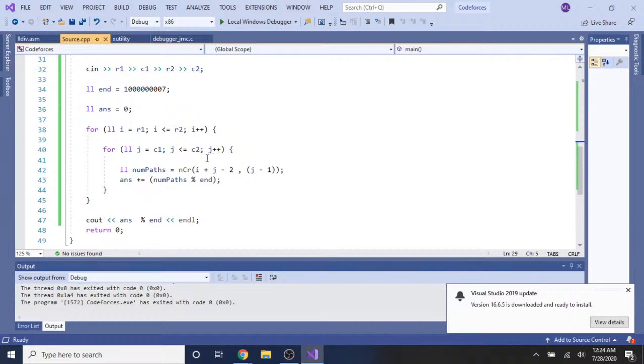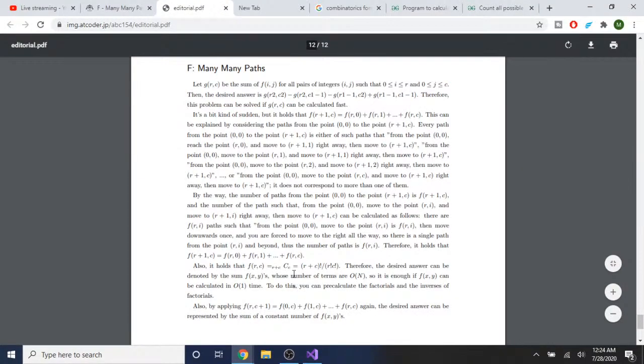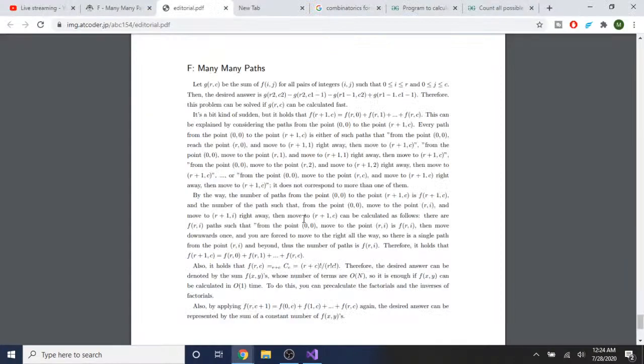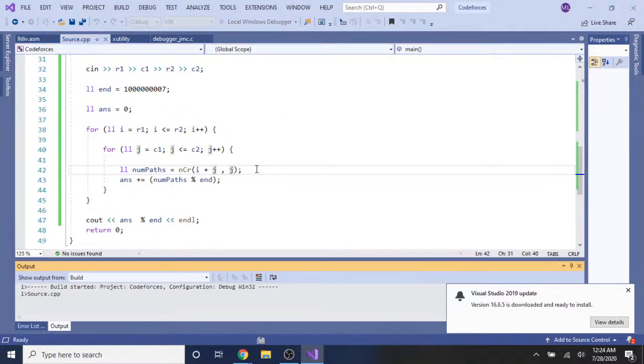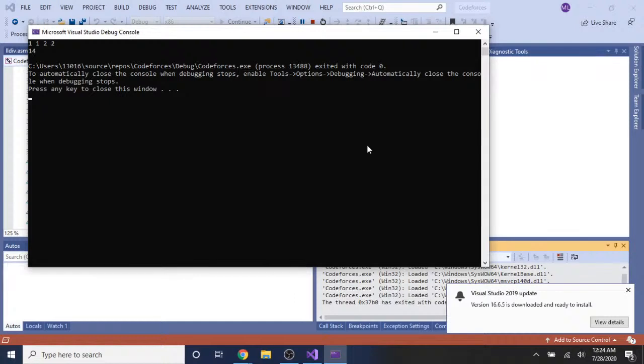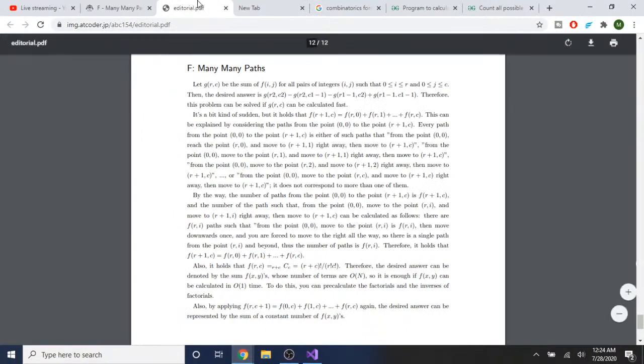It said R plus C, so it's our i plus j, choose C, so we'll do R choose C, where C is our j. Let's see if that works. Okay, that works. The first one works. Okay, let's try another one.